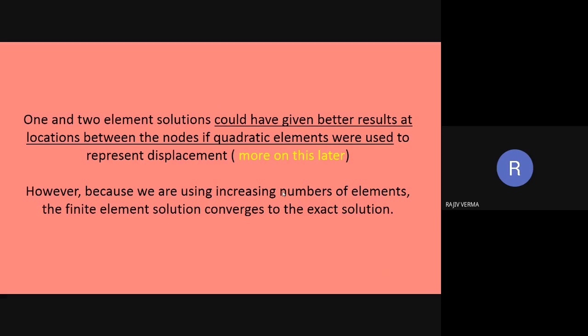If the theory of FEM is being applied properly, then irrespective of the type of element which you are taking, the FEM solution is going to converge to the exact solution, which means that mesh refinement is a very important aspect of FEM.